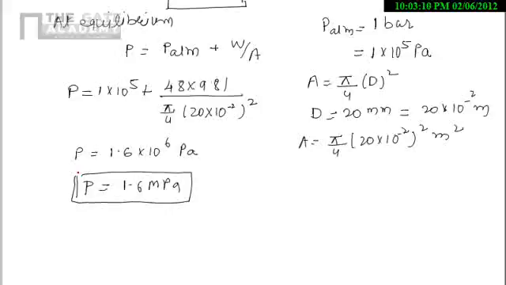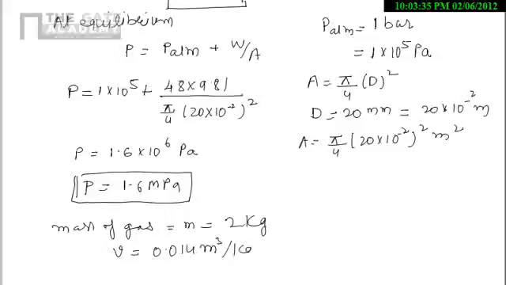Now we have to find out the volume of the gas. So specific volume of the gas is given and total mass of the gas is given. So mass of the gas, M, is given 2 kg. Specific volume is given, that is 0.014 meter cube per kg.